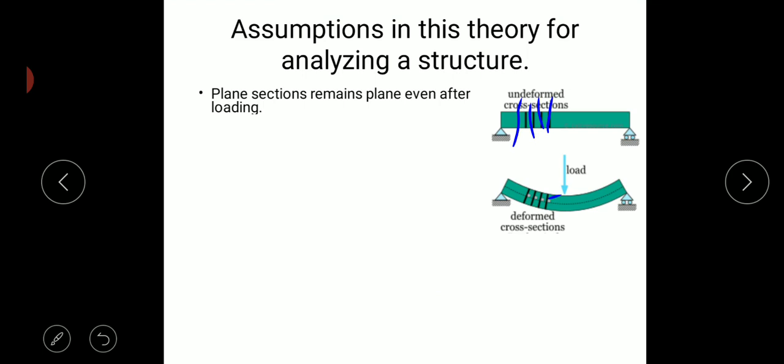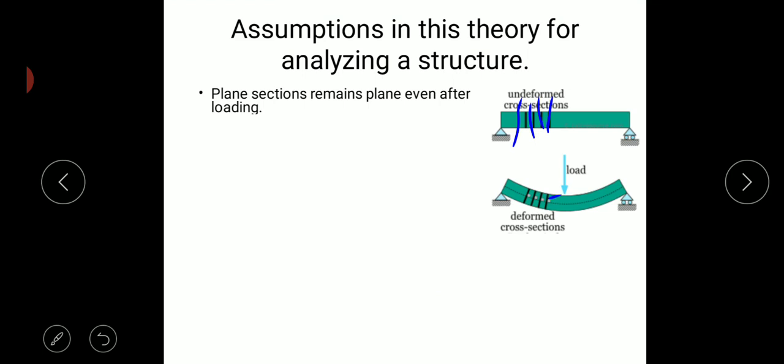The flat portion of the section remains flat itself even after the bending. This is because the sectioned length is very small compared to the overall length of the member. Therefore the shape remains constant.